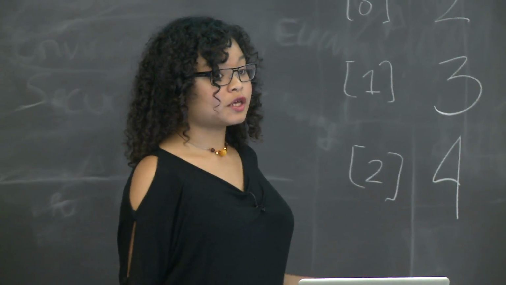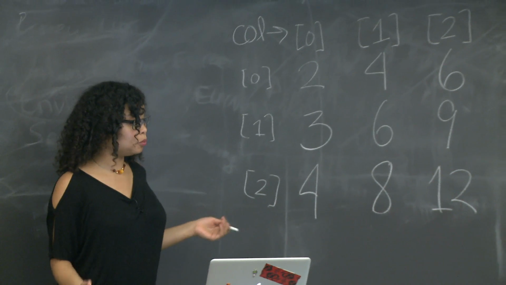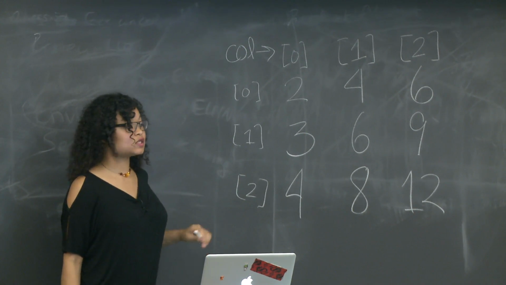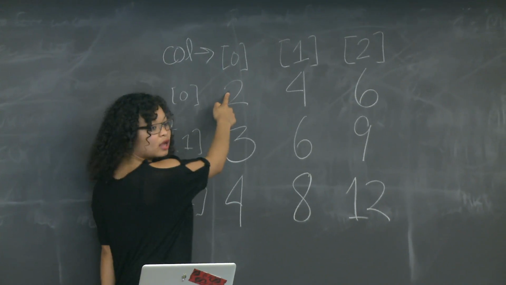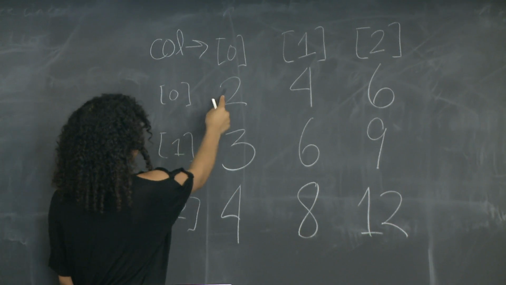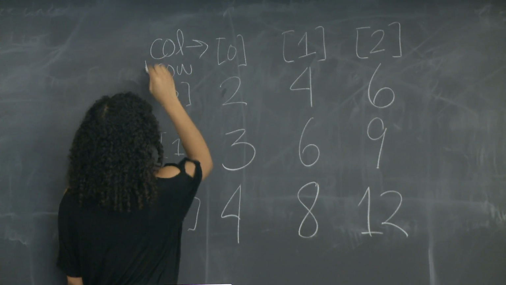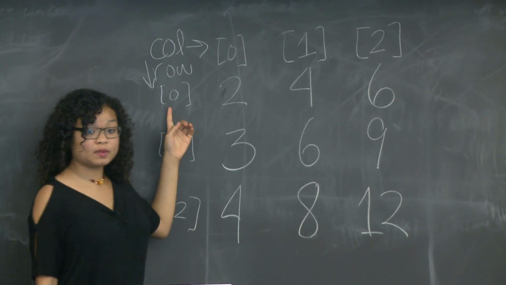Great. Okay, so we want some kind of structure, some kind of loop, right, that's going to give us every possible combination. So say we start by looking at this row for now. We know that these are rows here. Our row index is going to be 0, right?